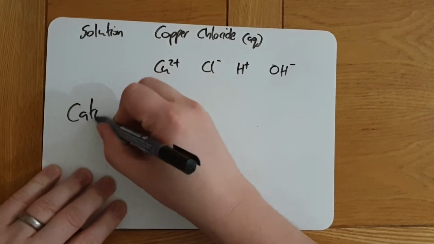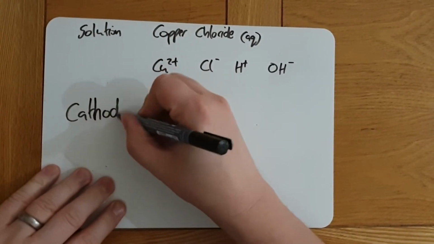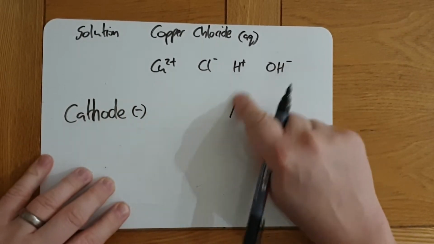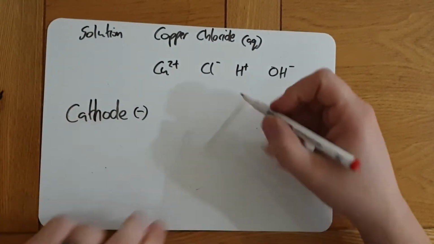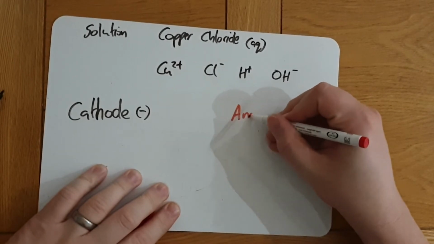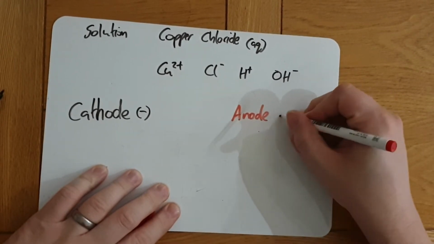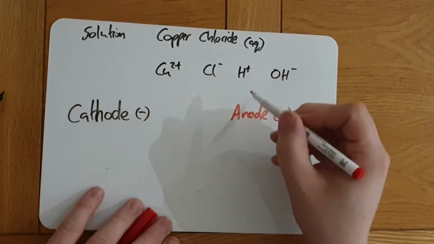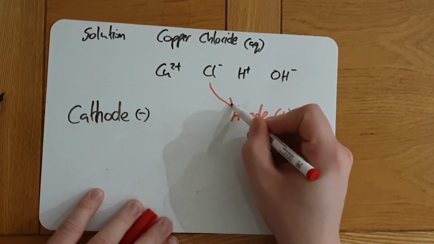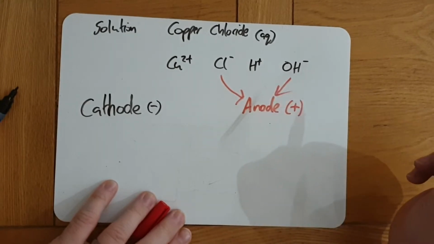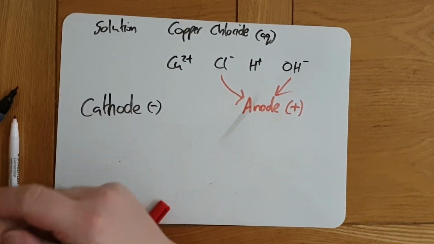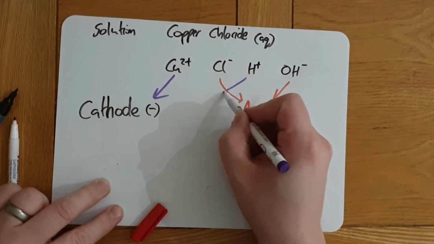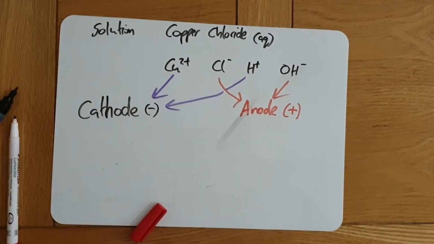So when we do electrolysis on it, we've got the cathode, which if you remember is negative, and we've got the anode, which if you remember is positive. So that and that are both attracted there, and that one and that one are both attracted there.